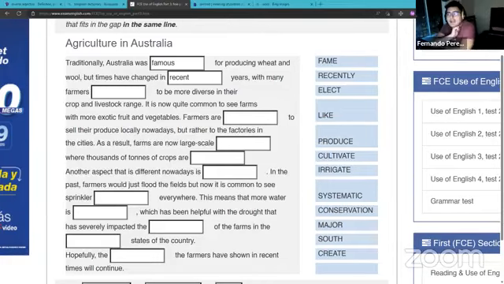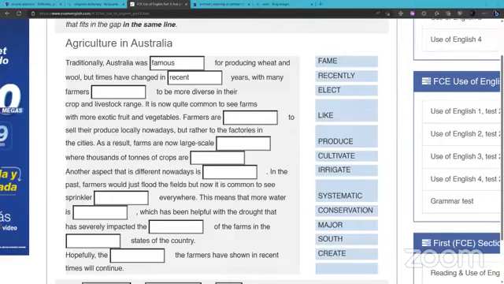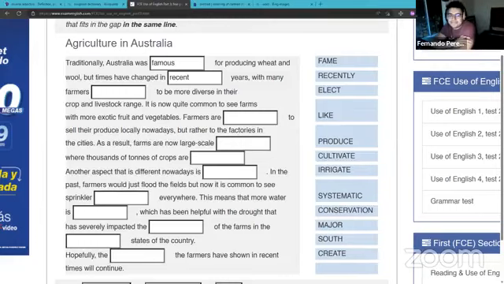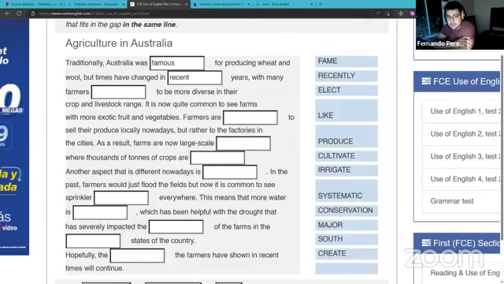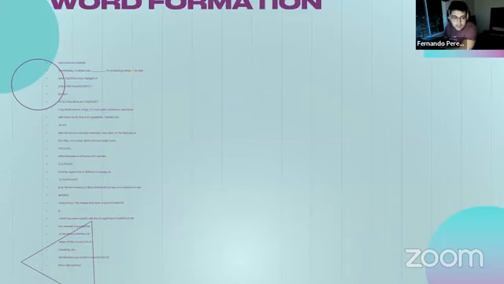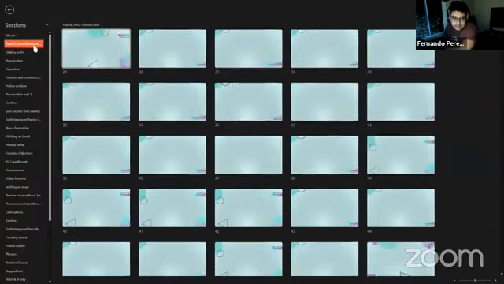Okay. What if you say, I am happy to be here? Okay. Then that's not a good reference. No. You see? With many farmers. Subject is not a word family. Subject is a part of a sentence. We need to go through the word families.